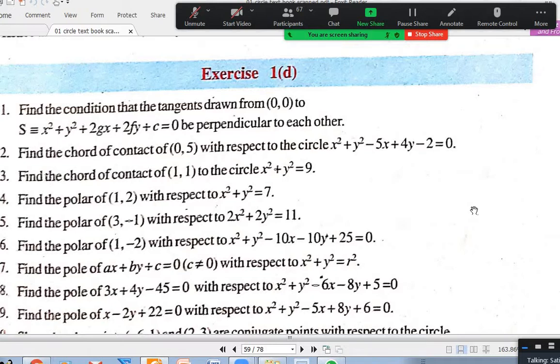Okay, you can see on the screen exercise 1D. Very first question, find the condition that the tangents drawn from a point to a circle are perpendicular. You can use tan theta by 2 equal to R by root S11, where theta is 90 degrees.